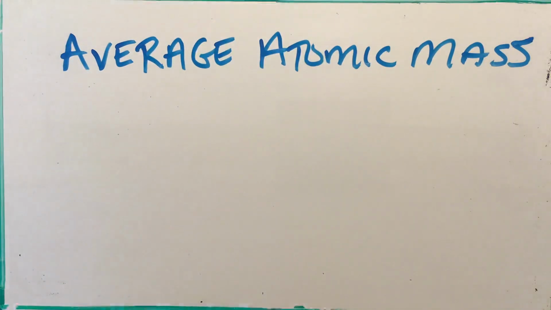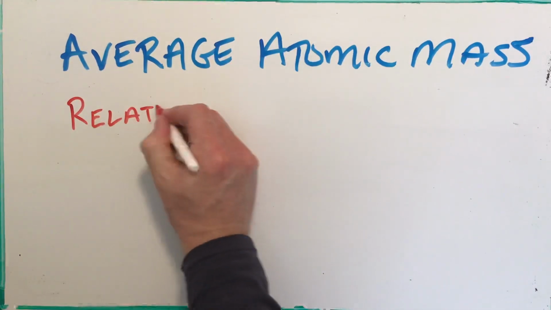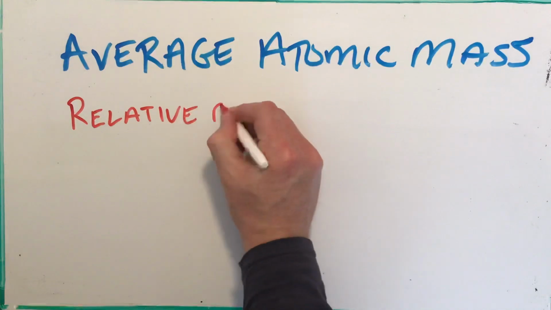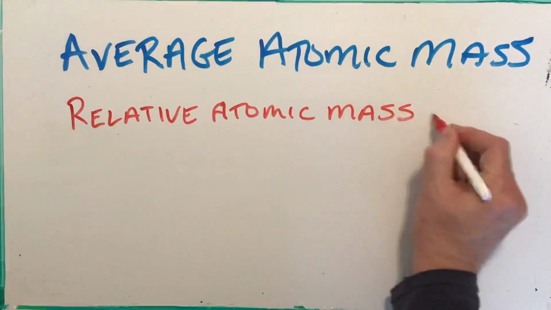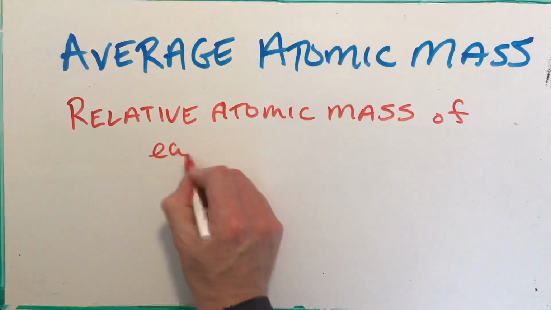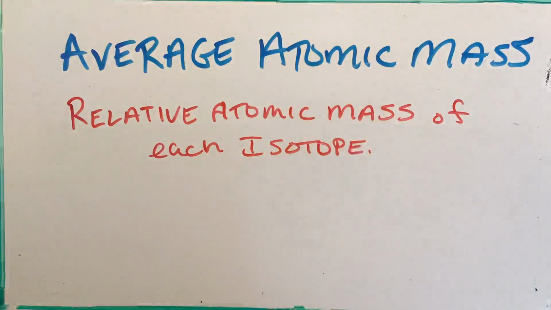So let's calculate average atomic mass. There are two pieces of information that we have to calculate it. I need the relative atomic mass of each isotope for the element. For carbon, that would be like saying, okay, one form of carbon is 12, that's the mass of that isotope.